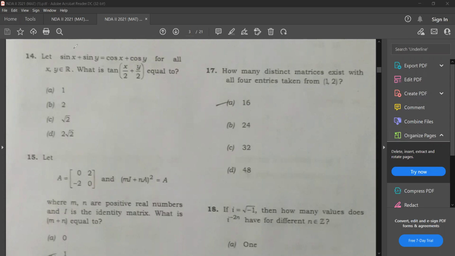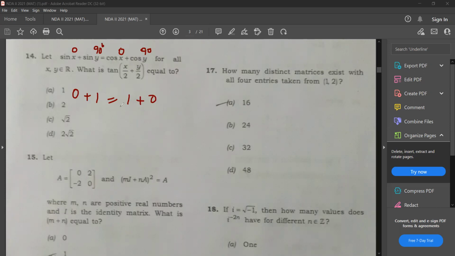If I put x as 0 and y as 90 degrees, sin 0 is 0 and sin 90 is 1. Then cos 0 is 1 and cos 90 is 0. So I can take x as 0, y as 90.